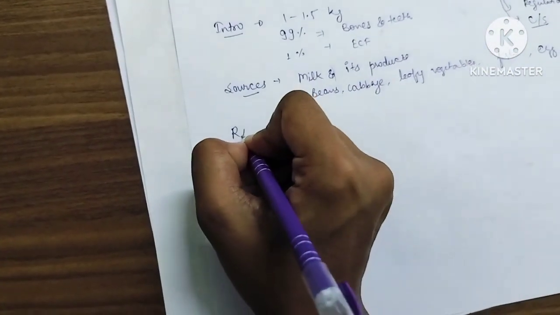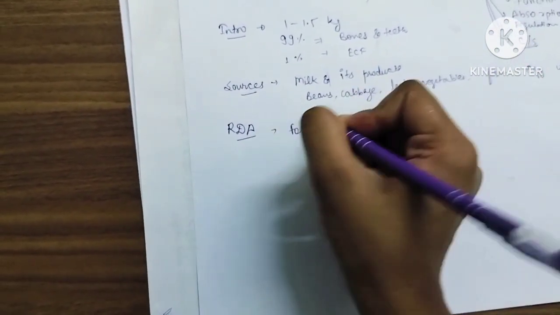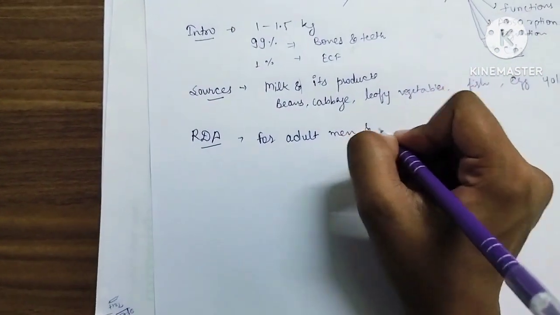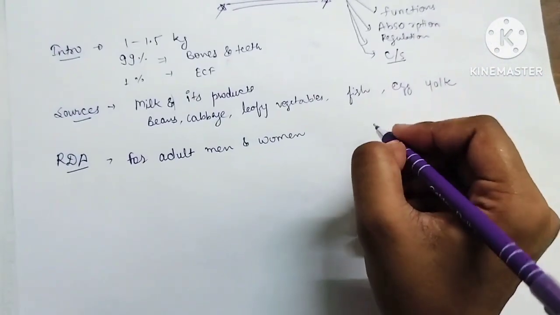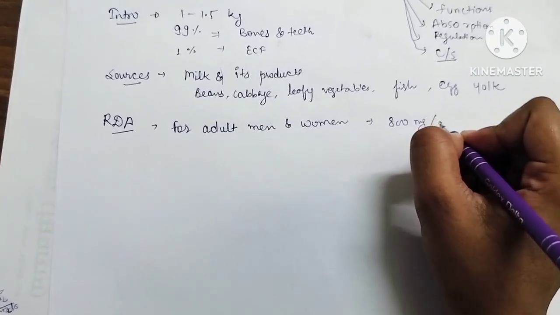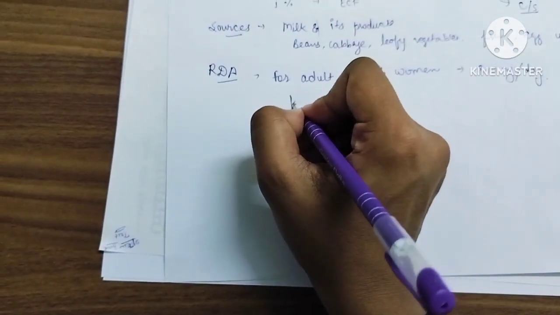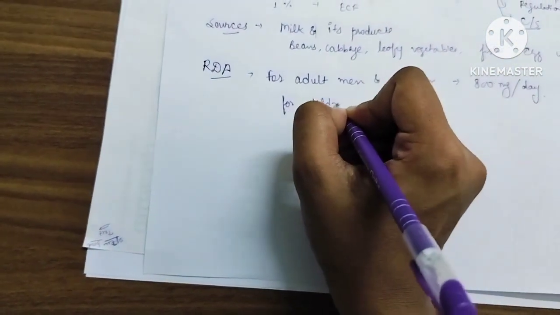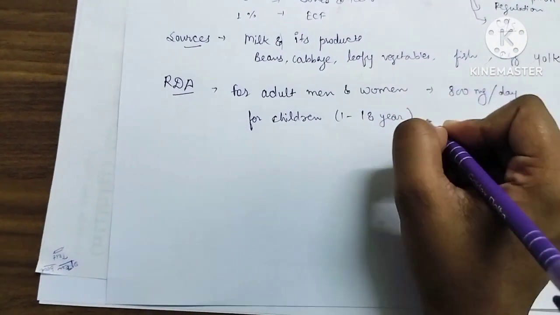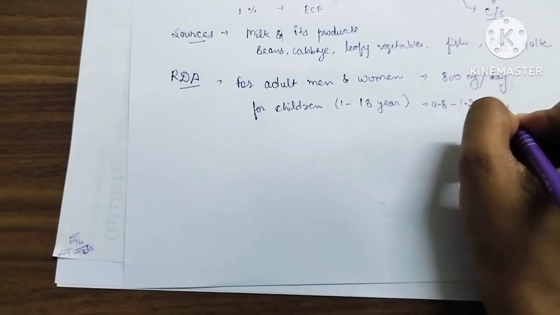Now, the RDA, recommended dietary allowance, of calcium. For adult man and woman, 800 mg per day calcium is required, and for children of 1 to 18 years, 0.8 to 1.2 gram per day.